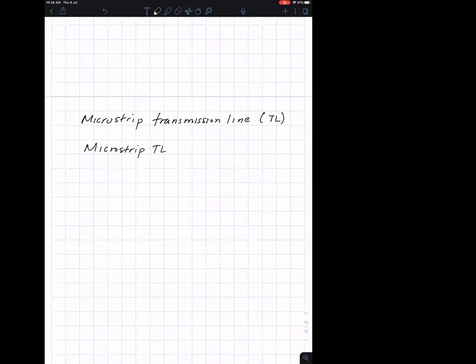Since I'm also lazy, I write TL. So it has a dielectric slab, the substrate, and a signal trace.